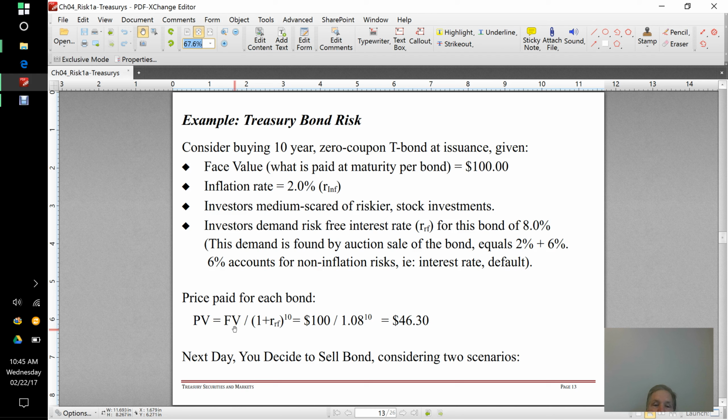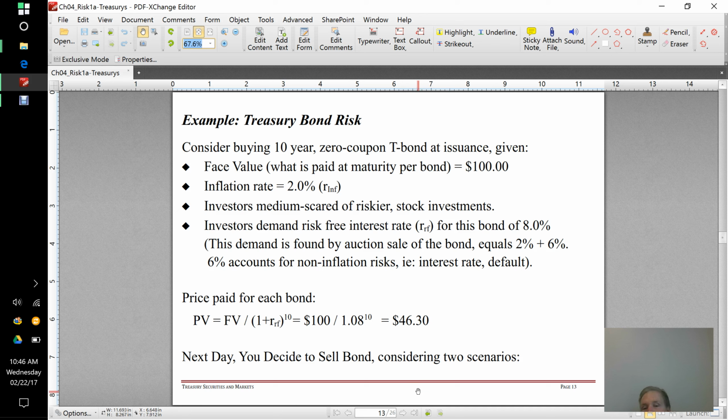We know the future value is going to be 100 million. We know that investors are demanding at auction an interest rate of 8% for this. So we just say the present value is equal to the future value divided by 1 plus 8% raised to the 10-year contract, work that out. Investors are going to pay 46.3 million for all these bonds.